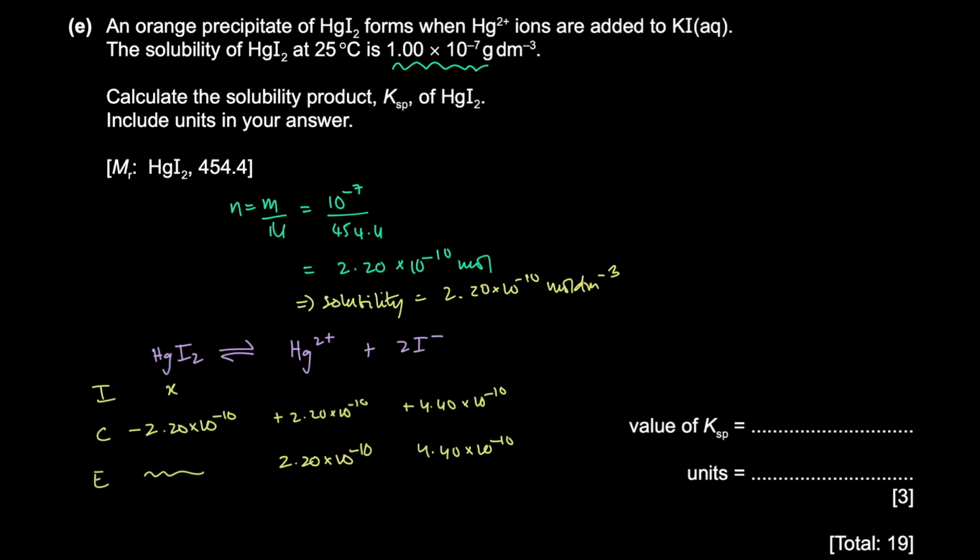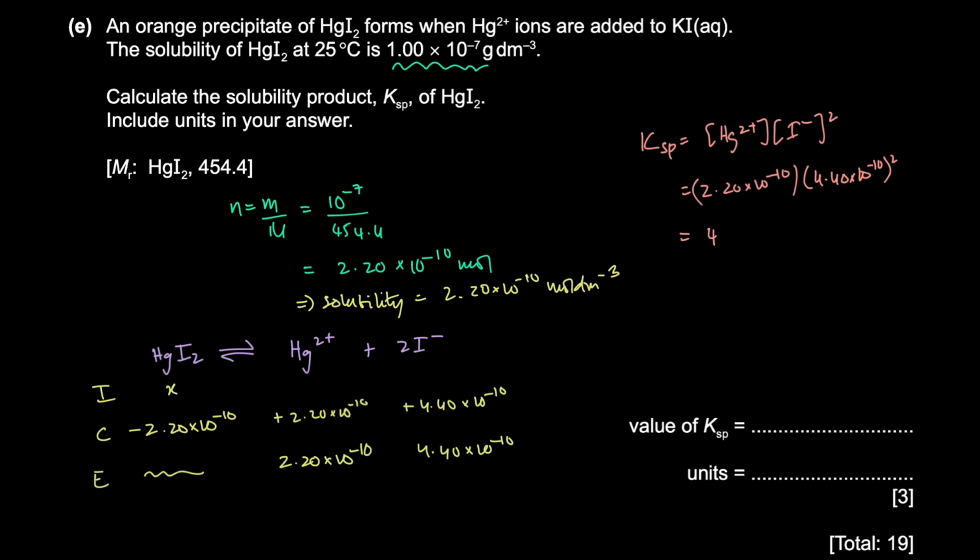And if we look at the Ksp, the Ksp over here is equal to the concentration of Hg2+ times the concentration of iodide squared, which is 2.20 × 10^-10 multiplied by (4.40 × 10^-10) squared. So what does the Ksp come out to?